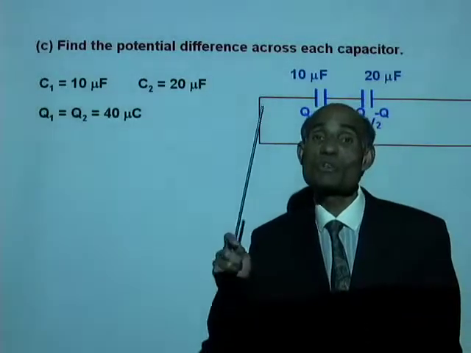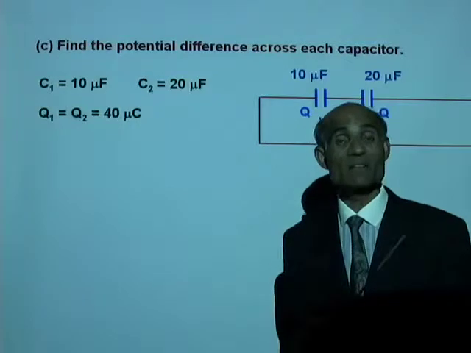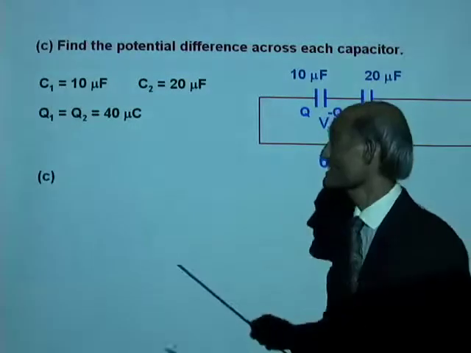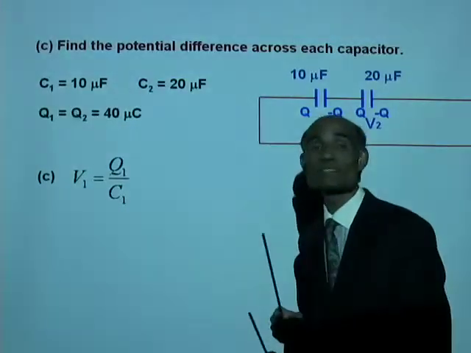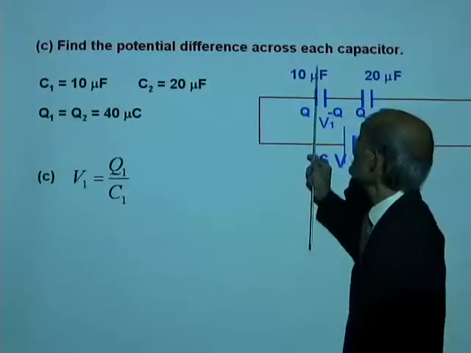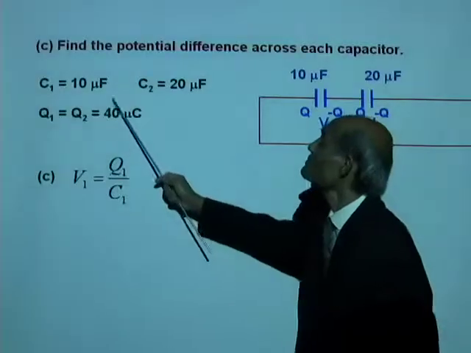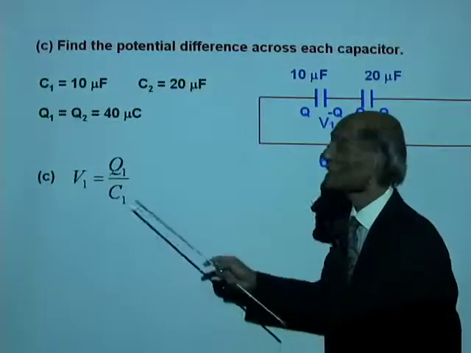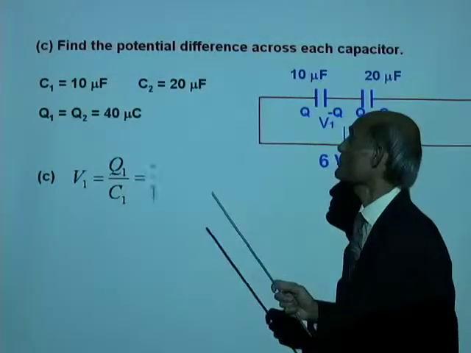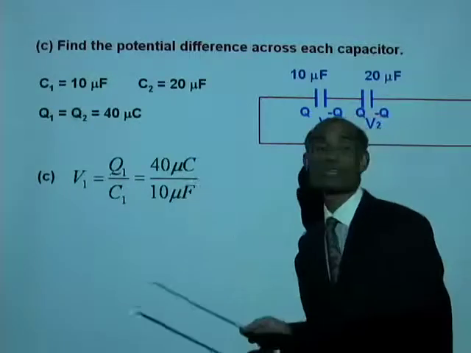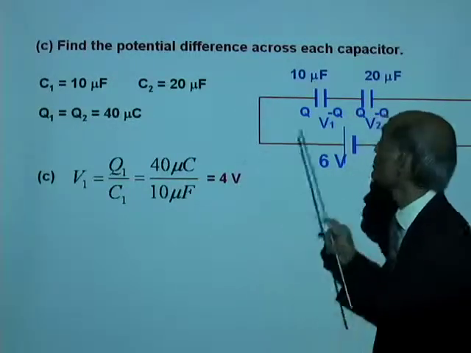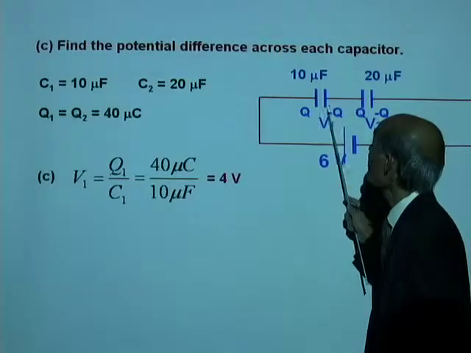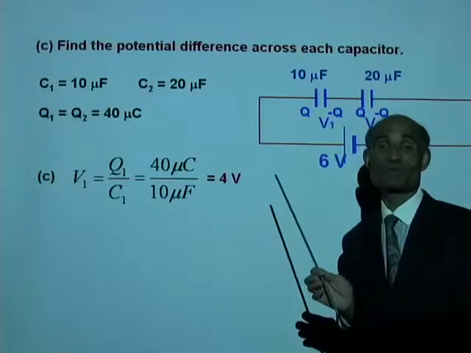V equals Q over C. Is that right? Yes. So V1 equals Q1 over C1. Q1 is 40 microcoulomb. C1 is 10 microfarad. So that will be 40 divided by 10. That is 4 volt. The potential difference across the first capacitor is 4 volt.